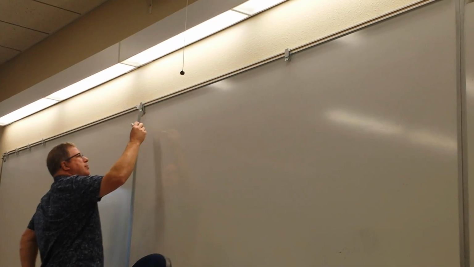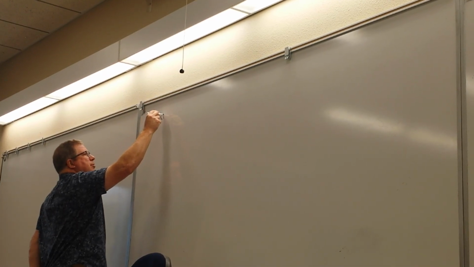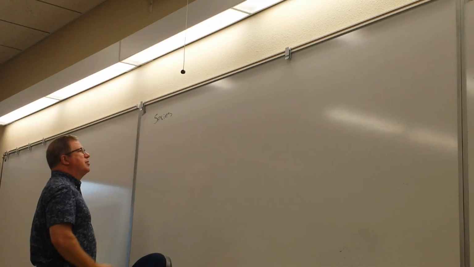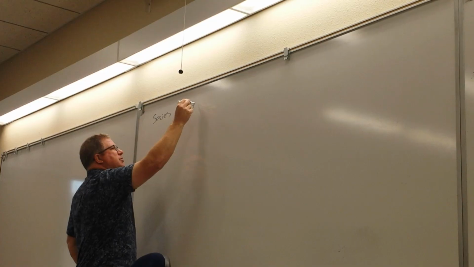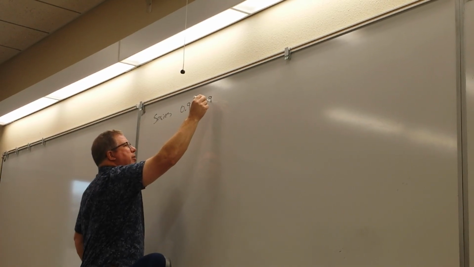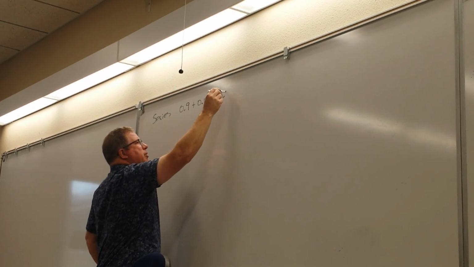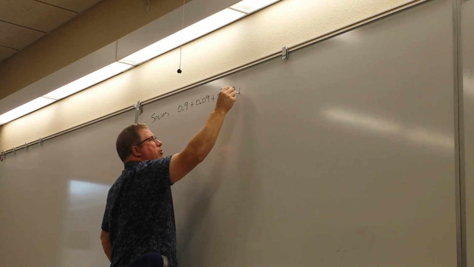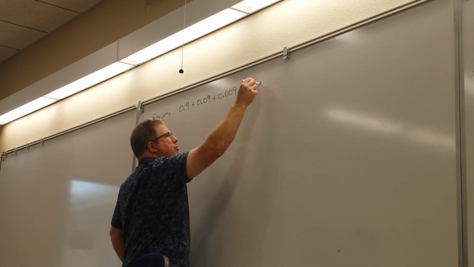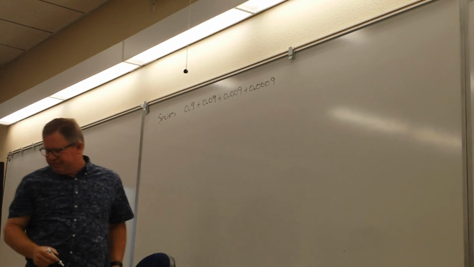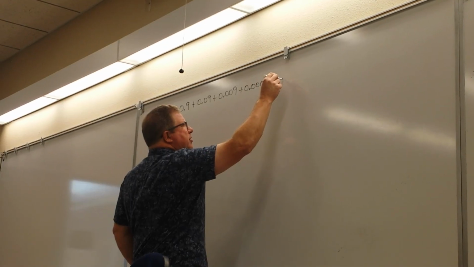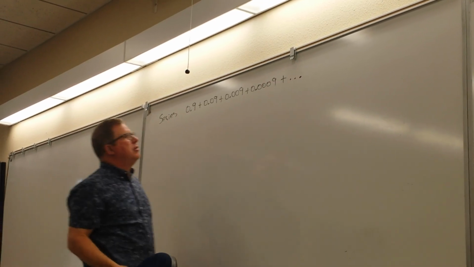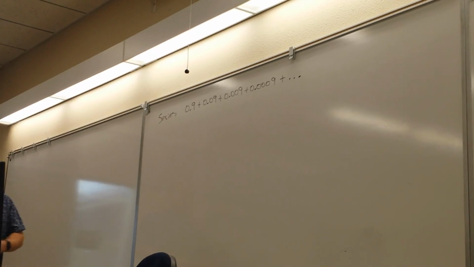All right, here's a series. This series is 0.9 plus 0.09 plus 0.009 plus 0.0009 plus, I'm going to write dot, dot, dot, meaning that continues indefinitely.